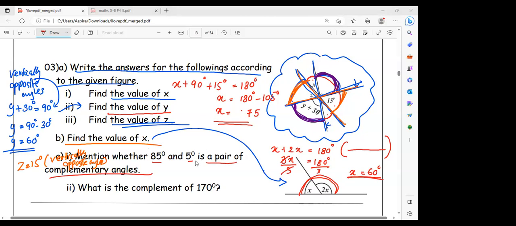Mention whether 85 and 5 is a pair of complementary angles. How do we check whether two angles are complementary or not? If it is correct, what is the reason? How do we mention? This is another thing that we have learned in this lesson.